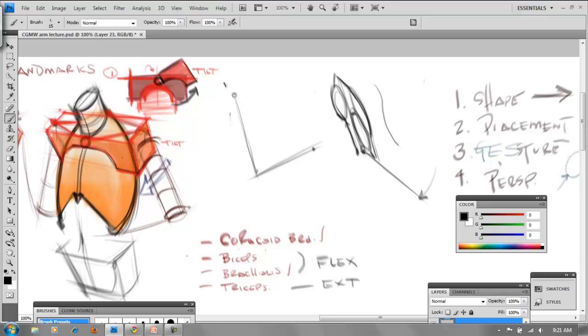This is different. So now I have these pulling. So we're going to have the brachialis and the bicep becoming much more C-curved, pulling up. Triceps thinned and stretched.